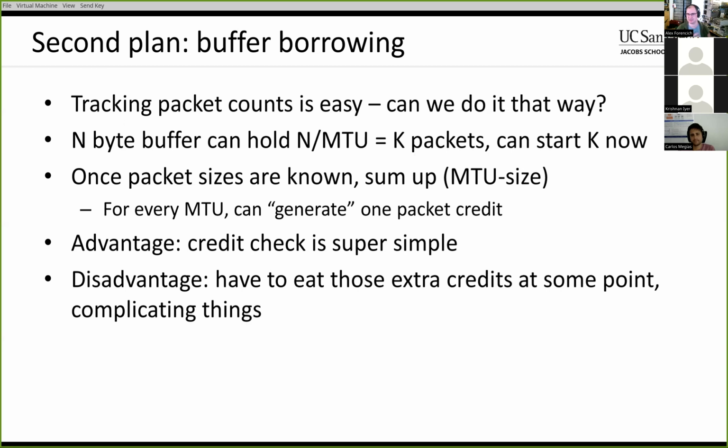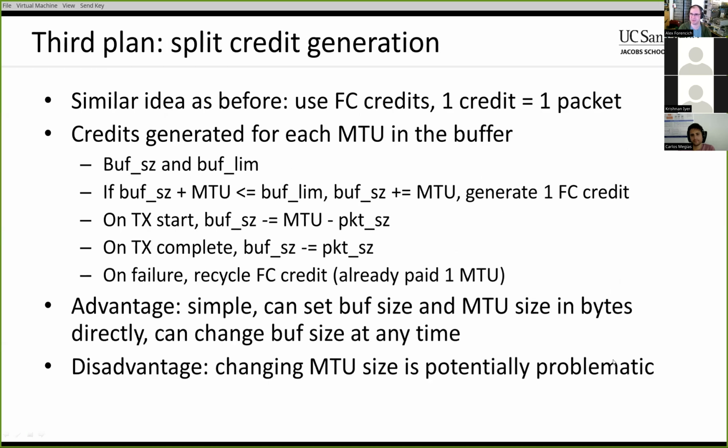It's got this internal state. And if you don't handle that correctly, then you can get the credit tracking stuck, and that's something you want to avoid. So the next plan I came up with is what I was calling split credit generation. The idea is that you split off the credit generation from the actual transmit process.